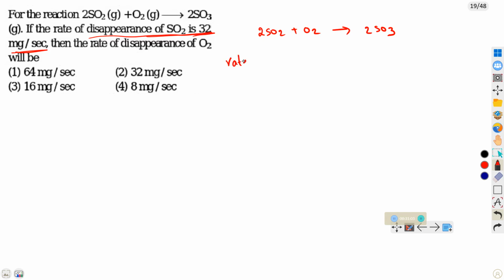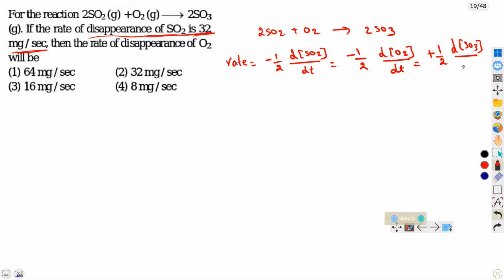For this equation, rate is equal to minus 1 by 2 dSO2 by dt is equal to minus dO2 by dt is equal to plus 1 by 2 dSO3 by dt. Sorry, this is minus dO2 by dt because it is 1 mole only. Here 2 moles, plus 1 by 2 dSO3 by dt.